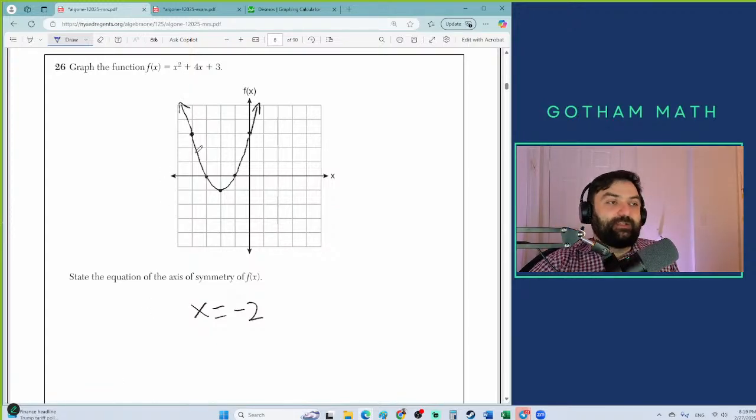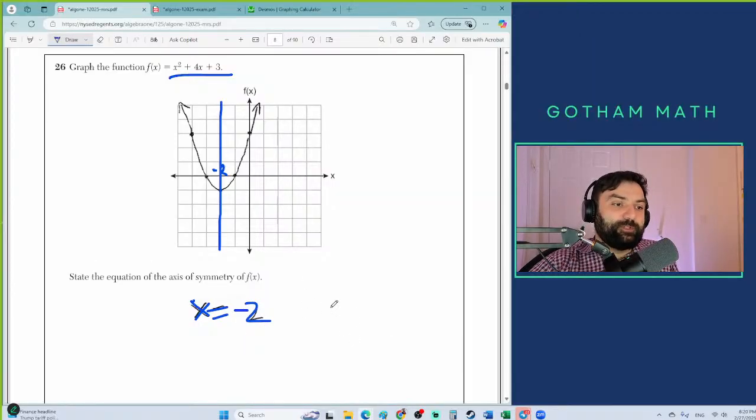This person put it in a graphing calculator, got these points, and the only thing is that probably this person also remembered that this is an axis of symmetry, like that's cutting the parabola in two. It goes through -2, and that's why it's x equals -2 as the equation of axis of symmetry.